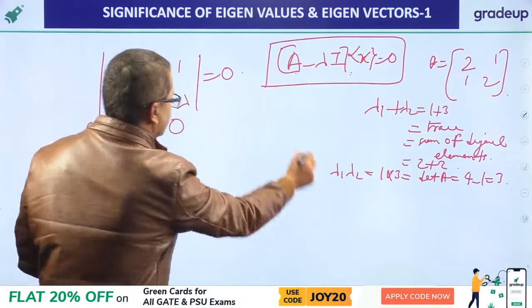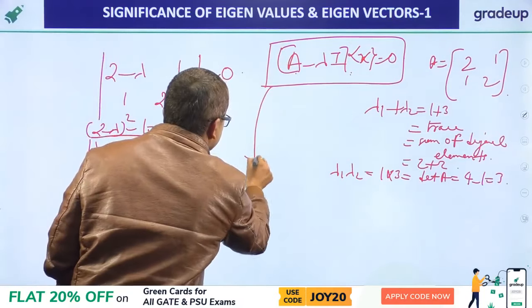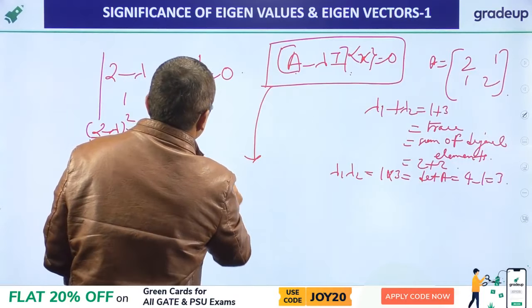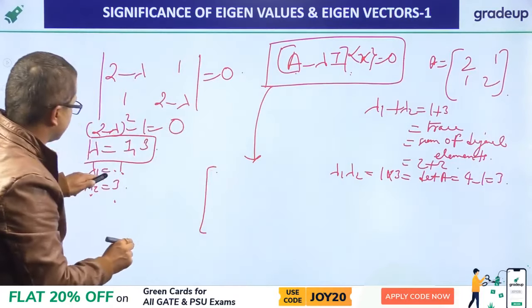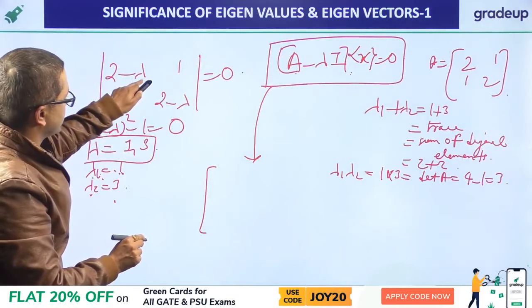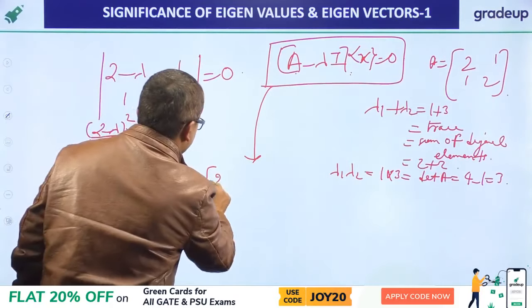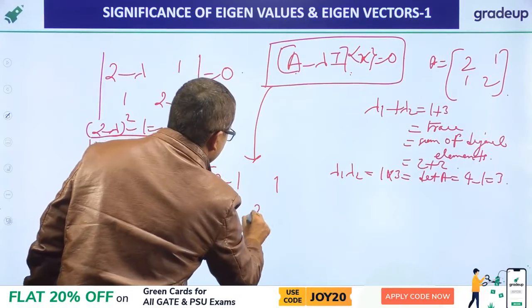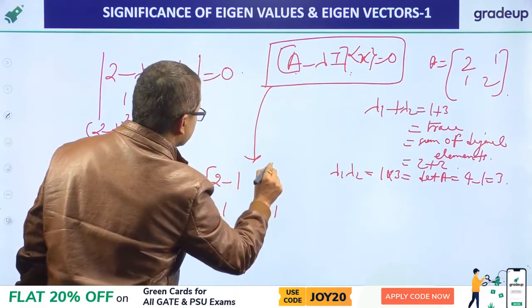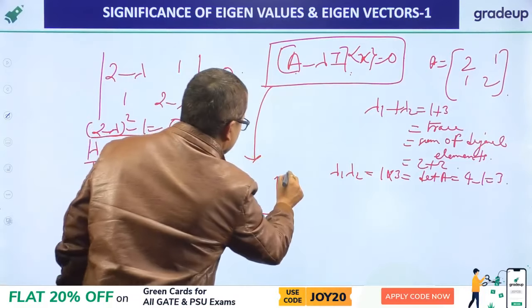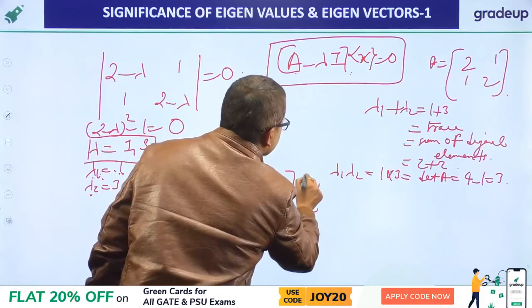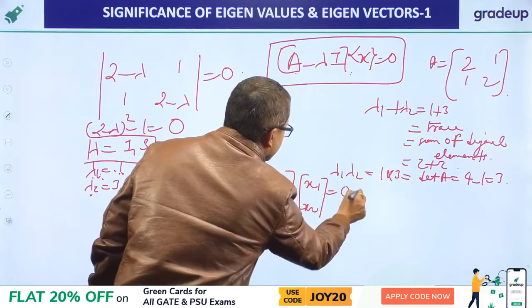Okay, then I am using this. Firstly I am going to write lambda 1 equal to 1 here. So, what we have is 2 minus 1, 1, 1, 2 minus 1, into x, let us say x is x1 and x2, equals 0.